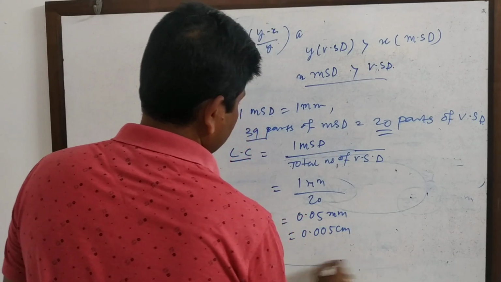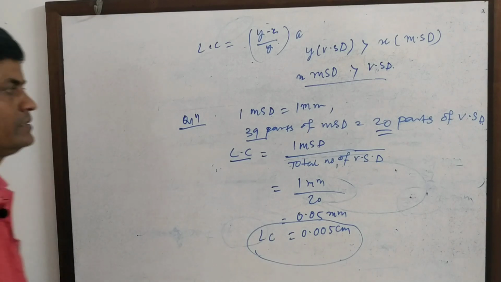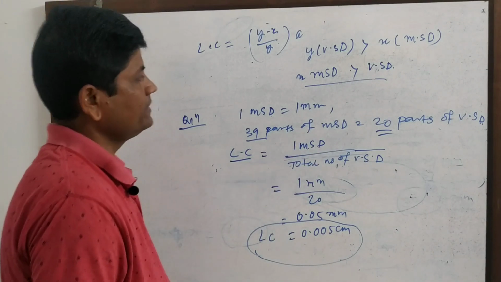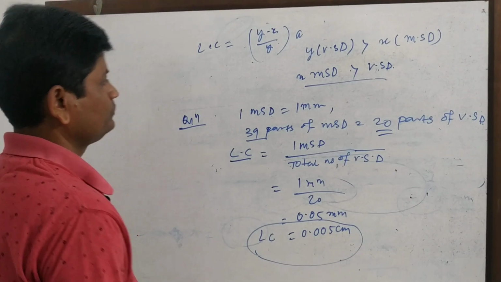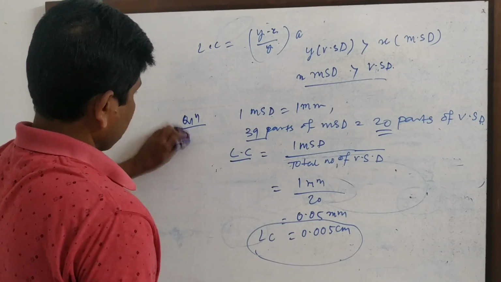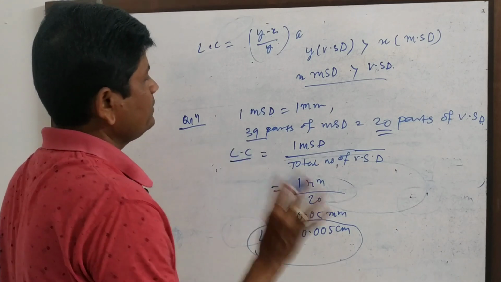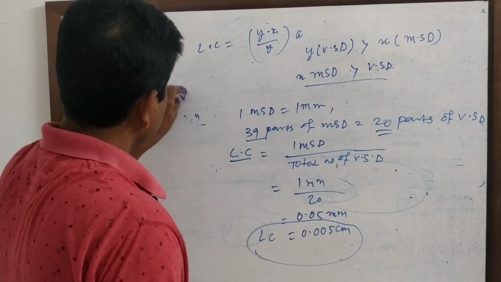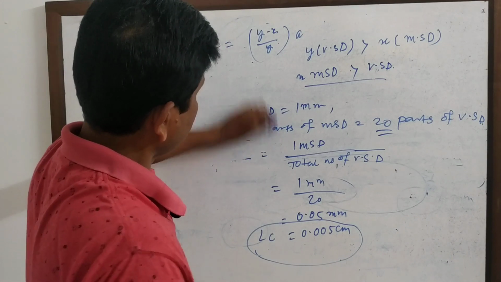Least count is equal to this much. Okay, and this formula will be applied here. So while using the formulas we should be cautious about which formula will be applied in which cases.